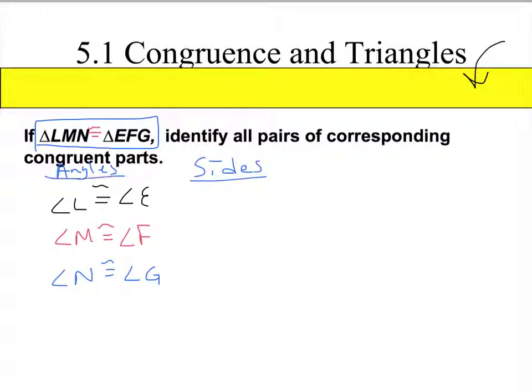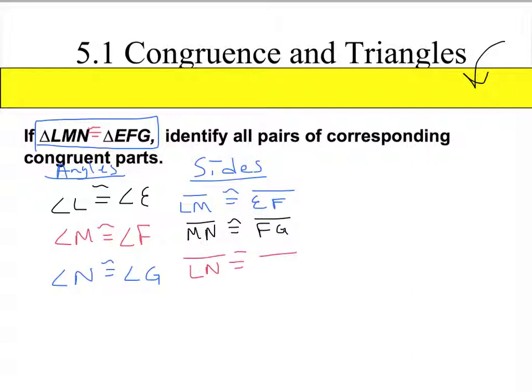Based on their position, I can say side LM is congruent to side EF. Next one, side MN is congruent to side FG. Last but not least, we have side LN is congruent to side EG. Okay, so their position in that congruent statement tells me which parts are congruent. Awesome.